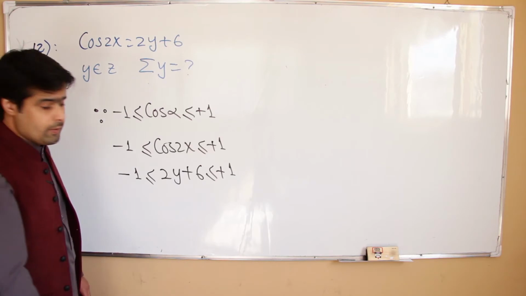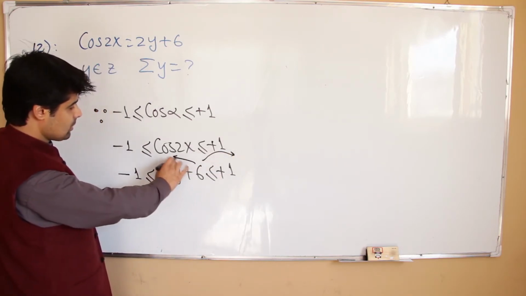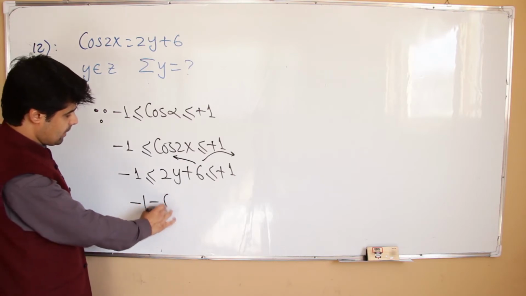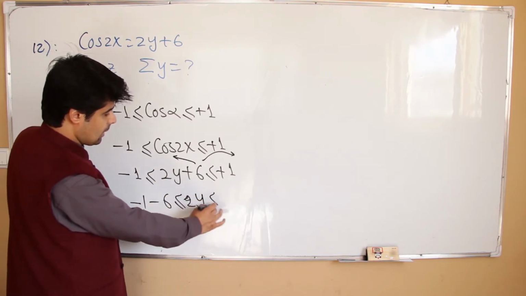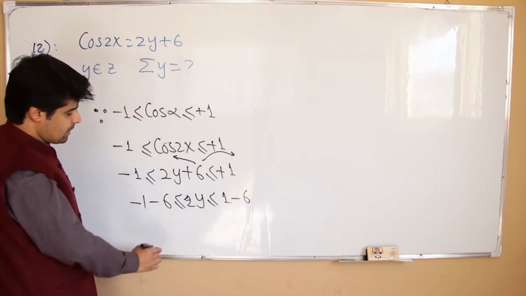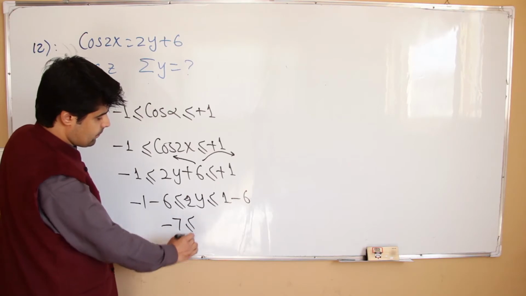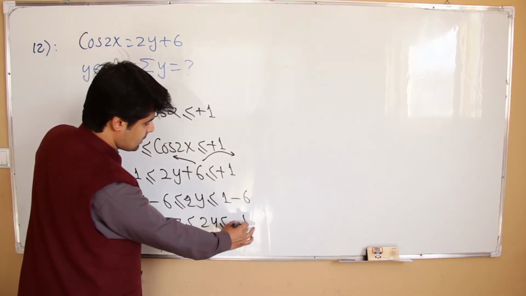Now, you have to subtract 6 from the right side and also from the left side. Minus 1 minus 6 is minus 7, and it's smaller than 2y, which is smaller than 1 minus 6, which is minus 5.